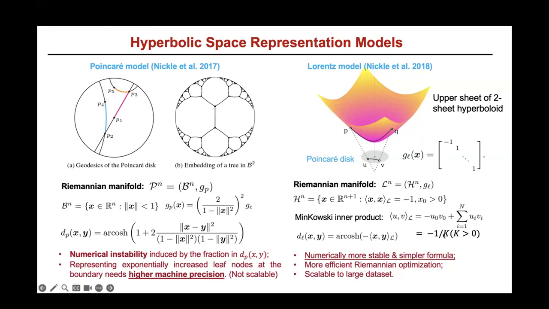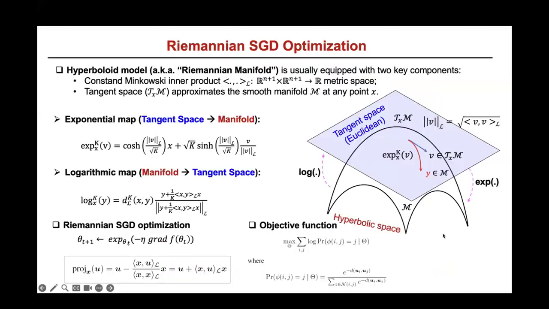Here the key is the curvature, which is negative. In the hyperbolic space, we cannot use standard stochastic gradient optimization directly; we need another optimizer called the Riemannian SGD optimizer. Basically, we map the features using the exponential map from the tangent space to the manifold, and from the manifold to the tangent space using the log map.